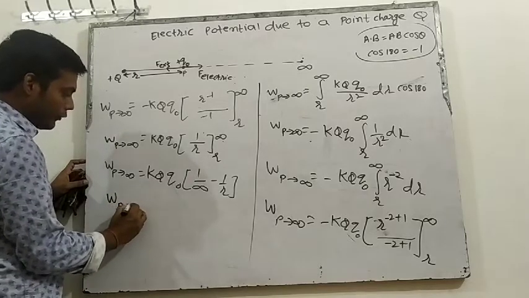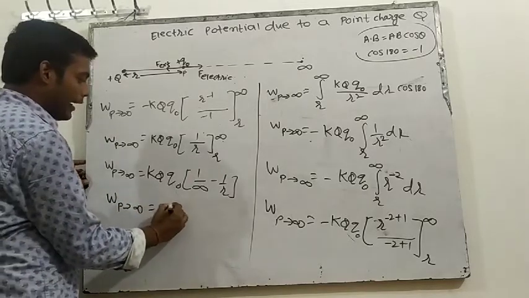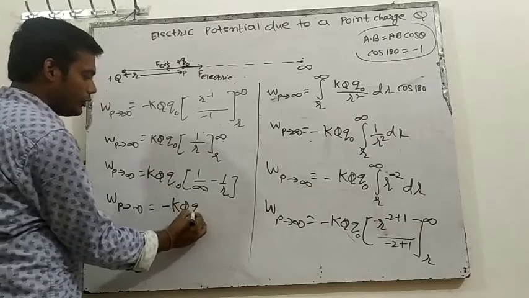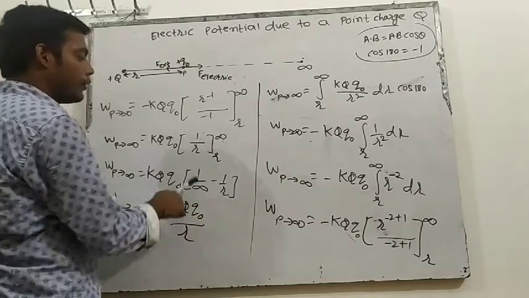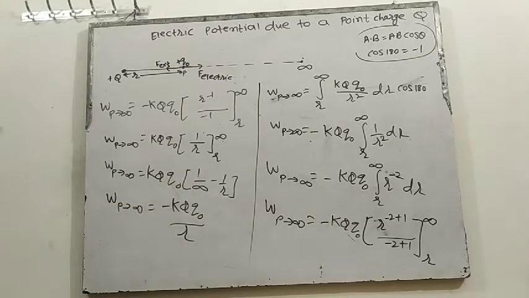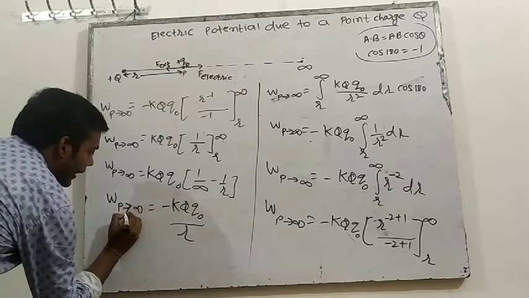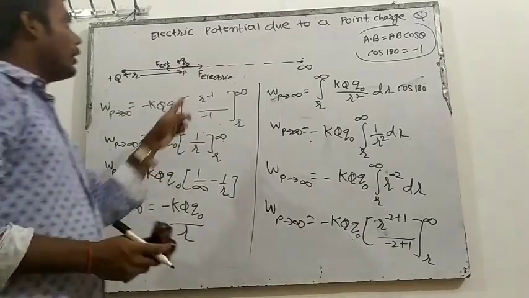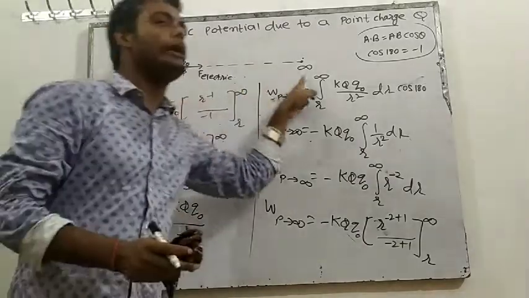So the work done from P to infinity will be minus K Q Q naught by r, because 1 by infinity becomes 0 and there is a minus. So this is the work done in bringing a charge from P to infinity.